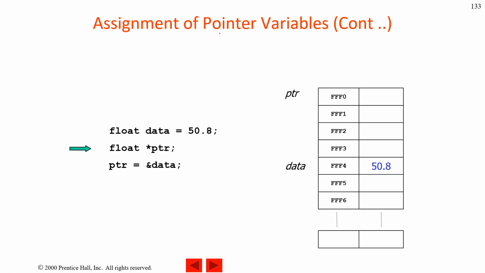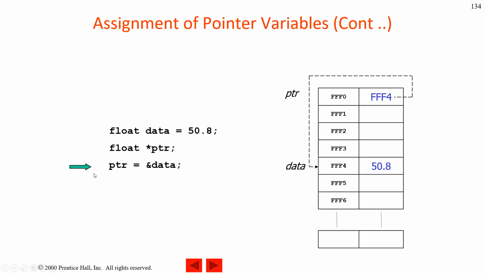It means that if I were to try to see out ampersand of ptr, as we saw earlier in the slide, this is going to give me FFF0.